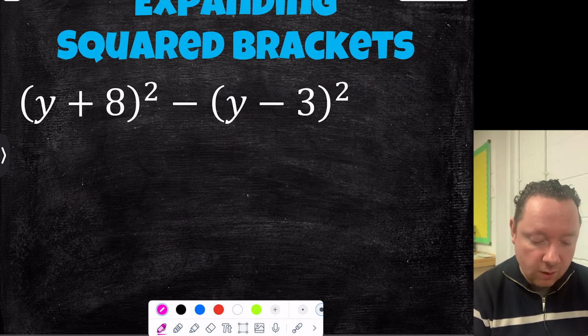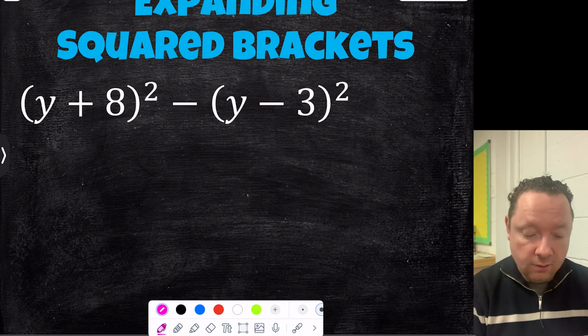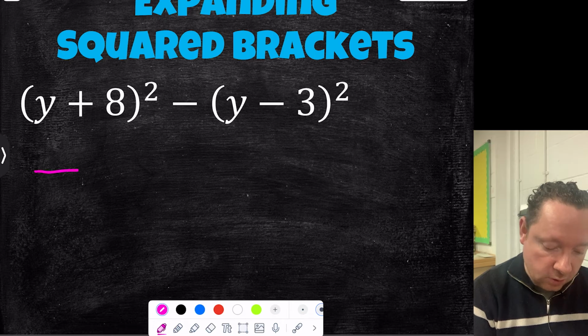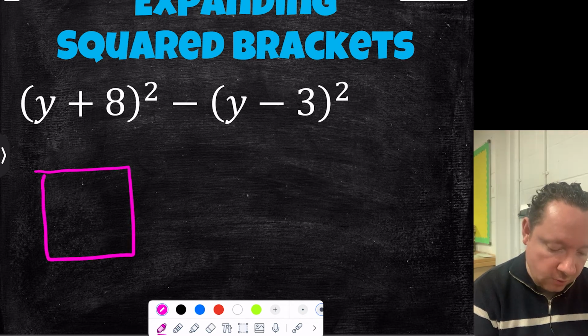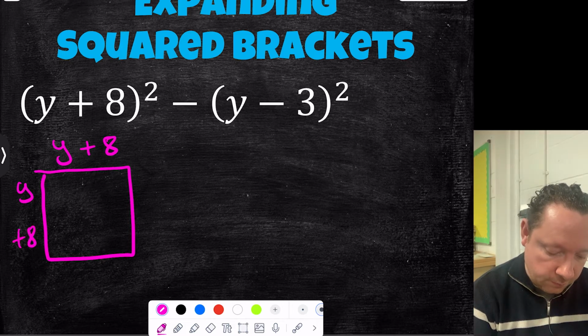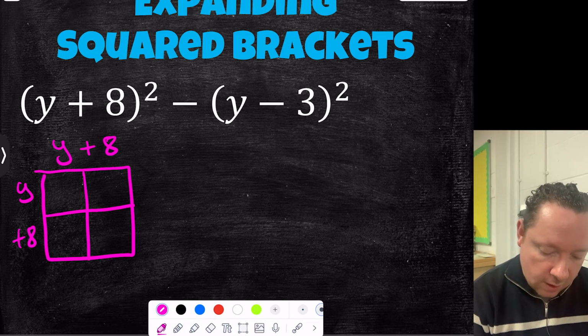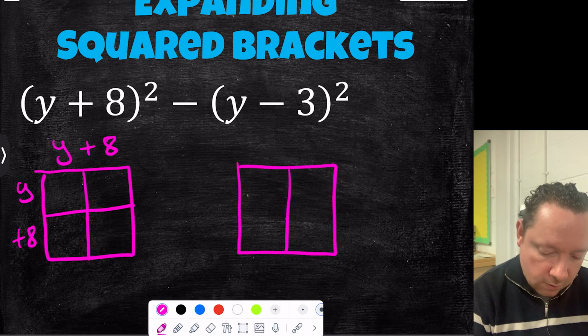Look at an example where there's two separate square brackets. So the first box we can put here is y plus 8 and y plus 8. And then the second one we've got here y minus 3, y minus 3.